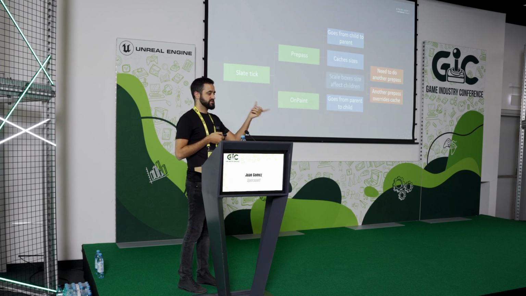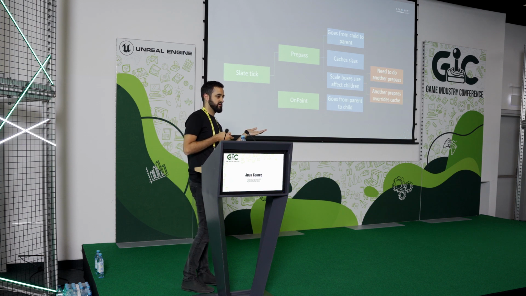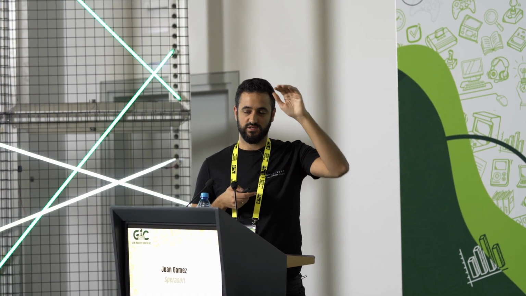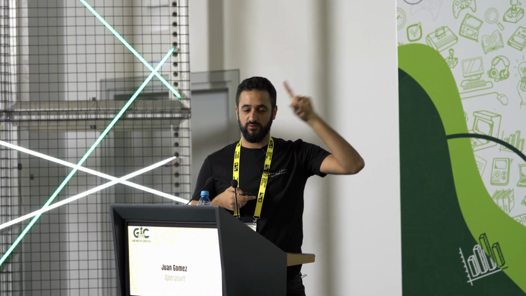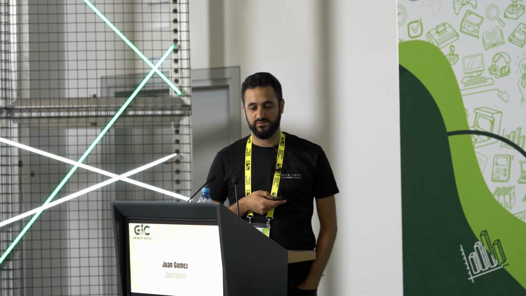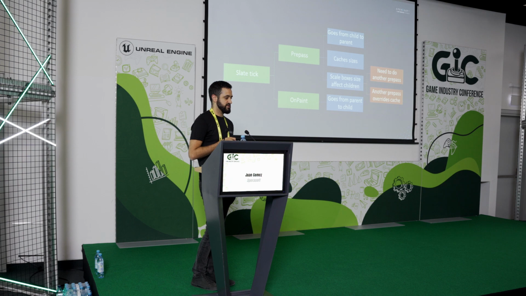Later, there is a scale box, okay? But the scale box is affecting all the children. So now we need to do another pre-pass and recalculate everything. And that's okay when there is only one, but if we have another scale box in the hierarchy, now we are going to override the cache. So the cache is being overridden per frame multiple times, and it's unique, so it basically becomes useless.